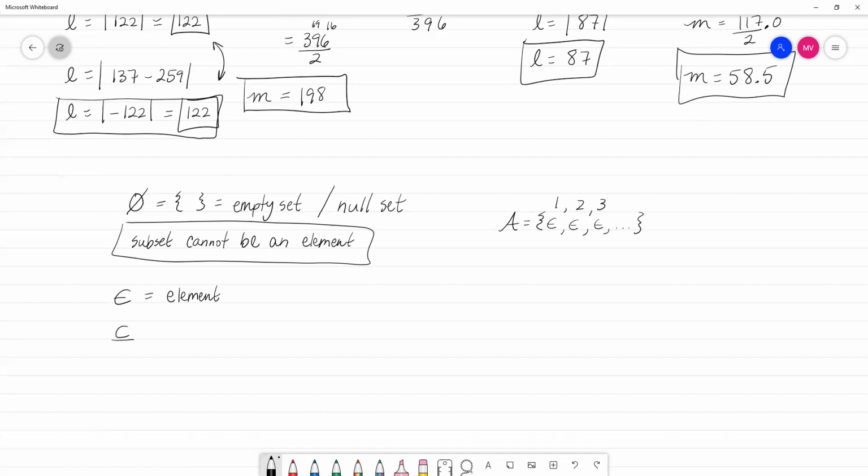And then subset, that's a symbol for a subset. So we know that natural numbers are a subset of whole numbers. Whole numbers are a subset of integers. And integers are a subset of, lost it, rational numbers.